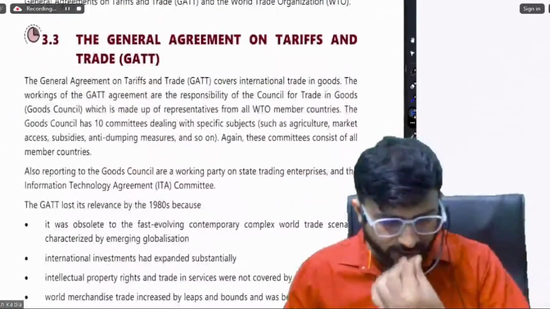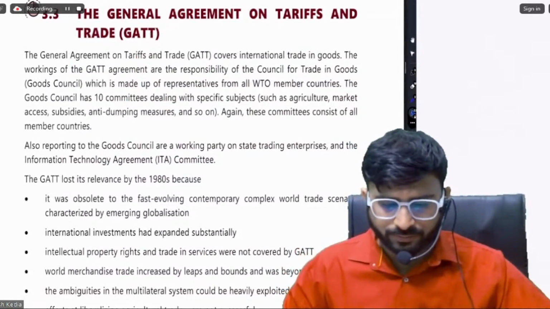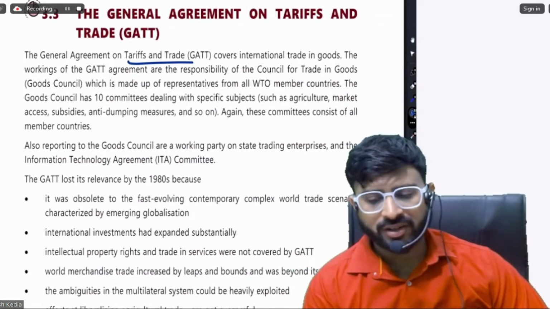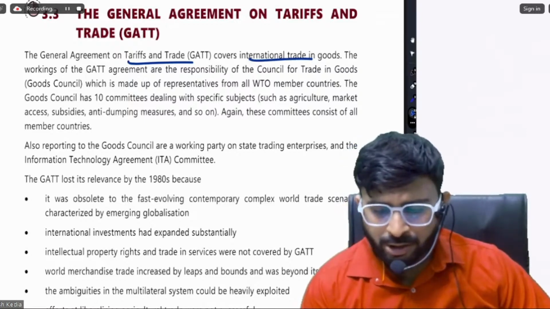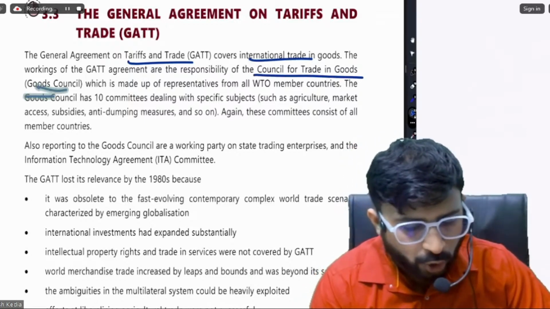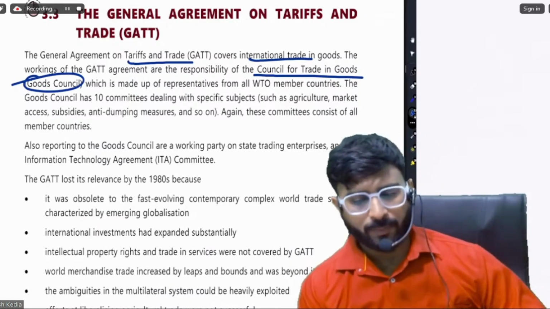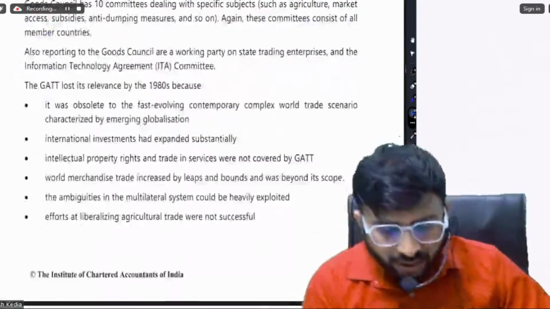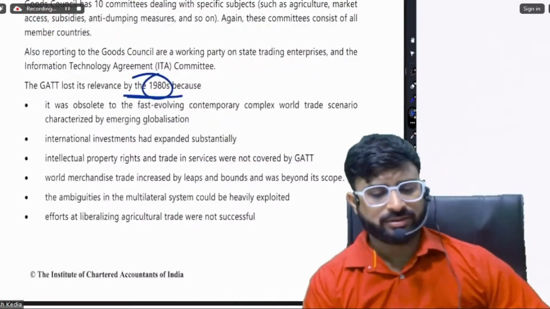So here it is GATT. See, the General Agreement on Tariffs and Trade covers international trade, trade in goods. See, I told you na, it covers mainly goods. GATT lost its relevance in the 1980s. It failed.